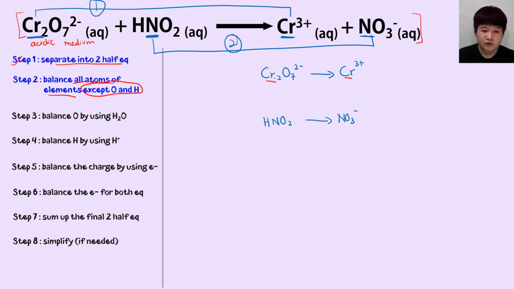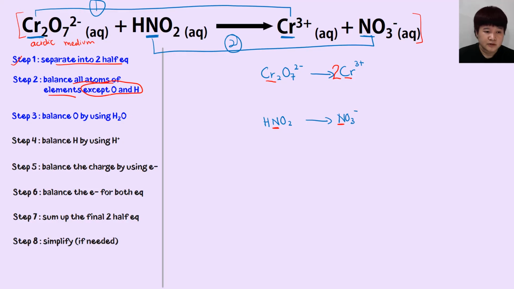So your reactant and product do not have the same Cr. We add into your product 2 Cr3+. If you look at your second half equation, you have HNO2 and NO3-. I have nitrogen 1 over here and nitrogen 1 over here. They are balanced.